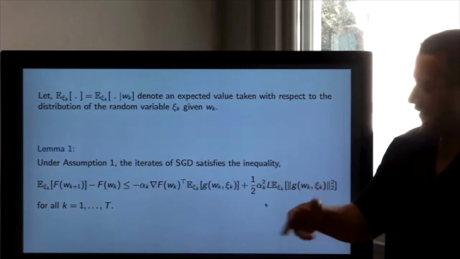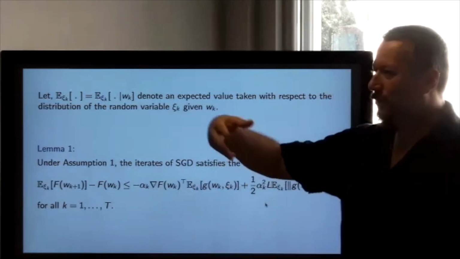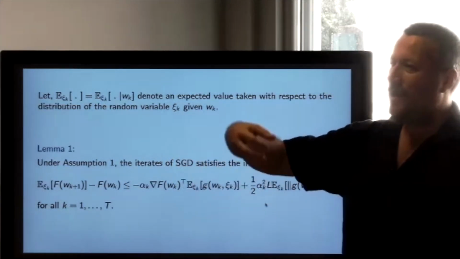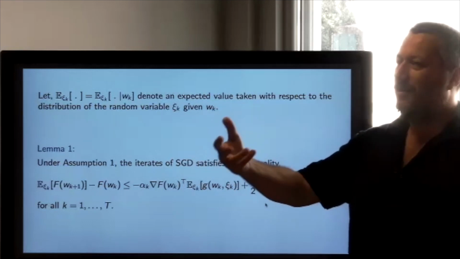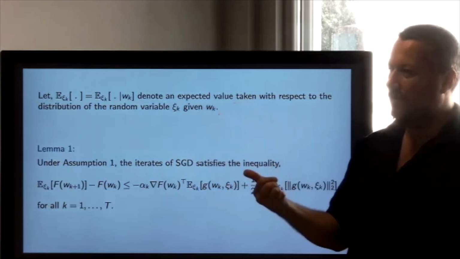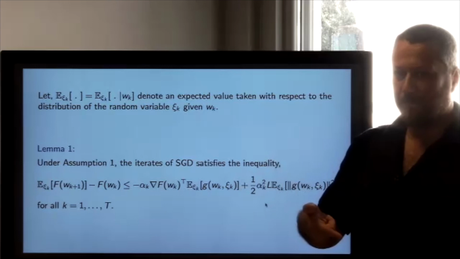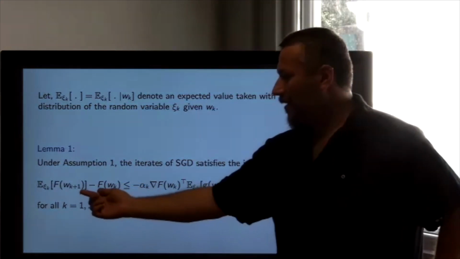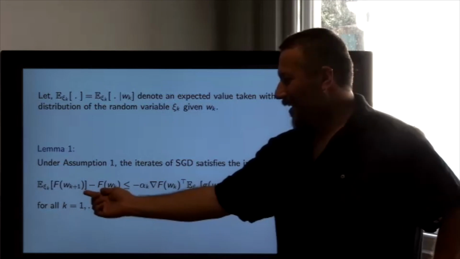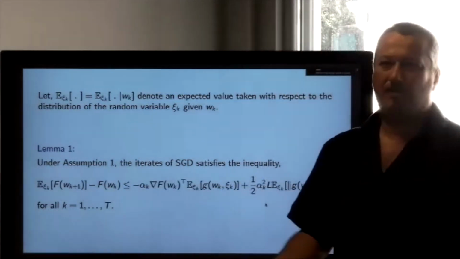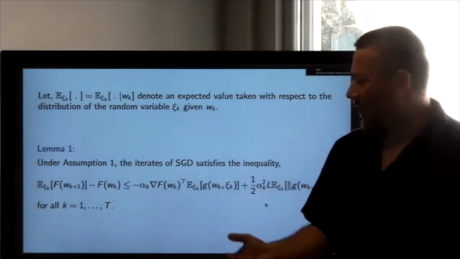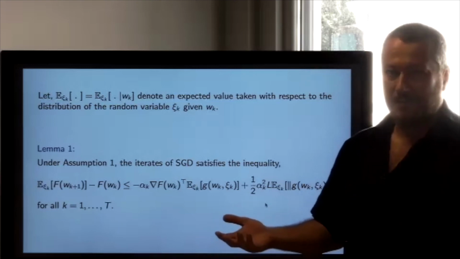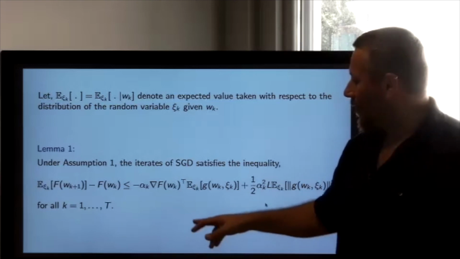But what you want is to move to a point where you expect that the value of the objective function is smaller than at the previous step. So you want this expression on the left to be smaller than or equal to 0, hopefully, or something negative even, not just 0.